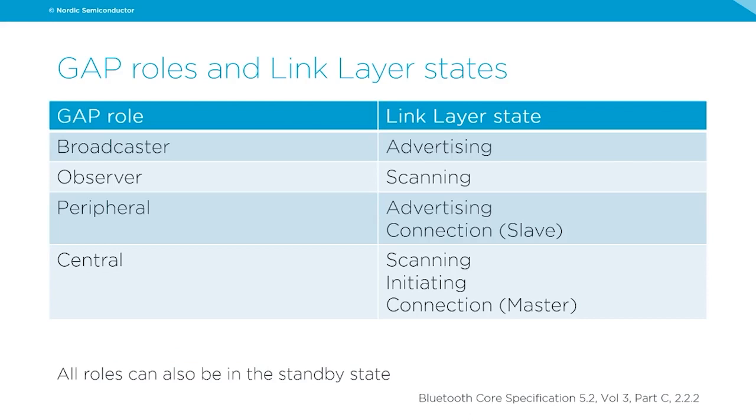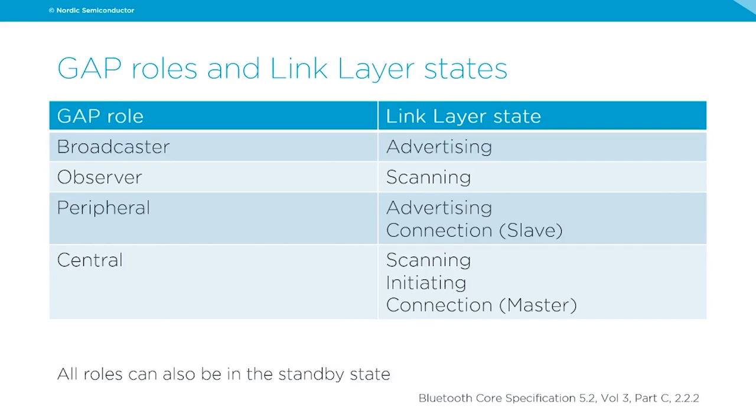First, we talk about the different GAP roles and link layer states. There are 4 GAP roles for each Bluetooth Low Energy device. A GAP role is defined on the GAP layer, which is the upper layer, the host layer of the stack. There are 4 types: broadcaster, observer, peripheral, and central. When you are a broadcaster, on the link layer, which is the lower layer, you only do advertising.